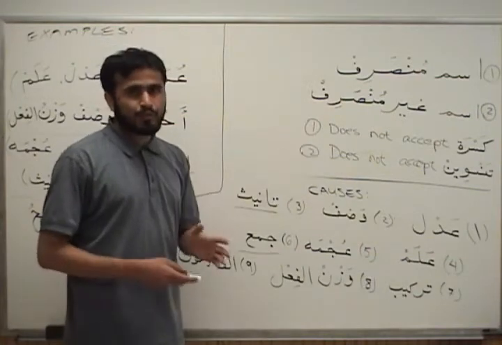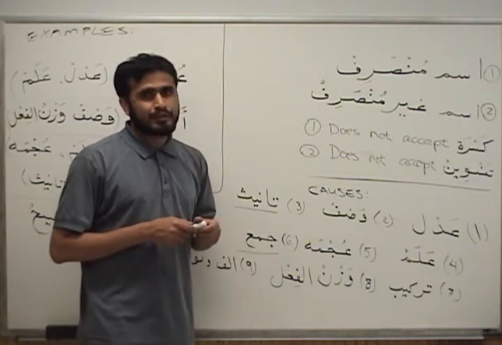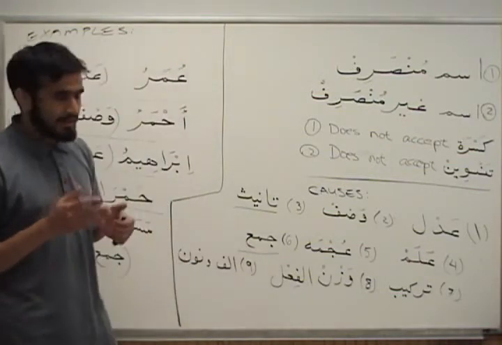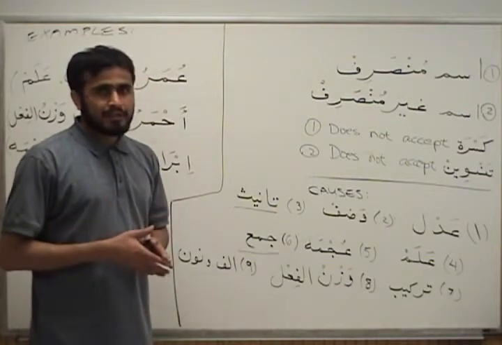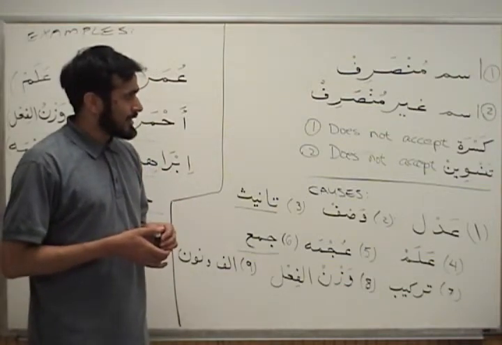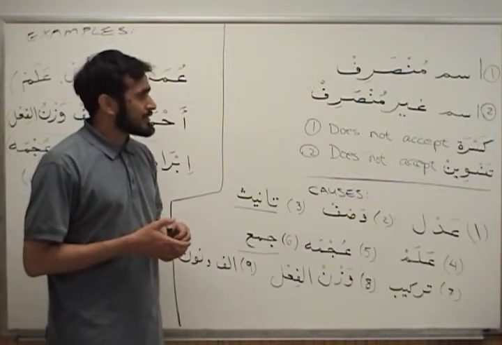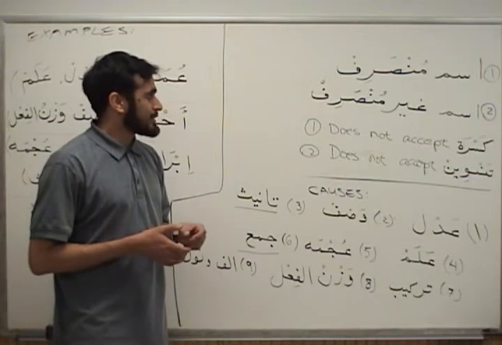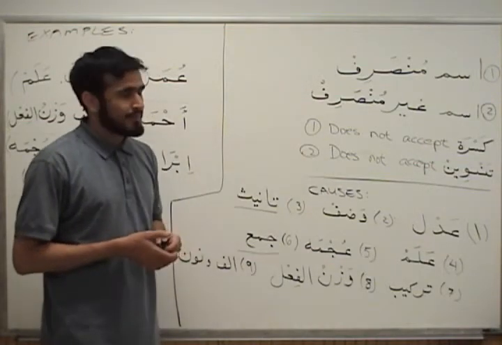And the only important thing is that this ism does not accept kasra. So for example, say there's an ism that you encounter in a state of jar and you want to give it a kasra, but then you find out that it does not accept kasra because it's ism ghayr munsarif. So instead of the kasra, you would use a fatha.